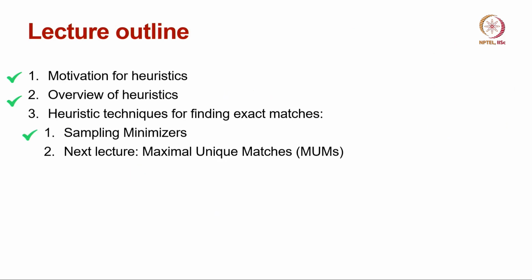So far we have looked at how this sampling technique works. We have looked at a popular technique known as the minimizer technique for sampling k-mers and how that helps to compute exact matches between two sequences. In the next lecture, we will look at one more popular technique for computing exact matches, which is known as maximal unique matches, or MUMs in short.